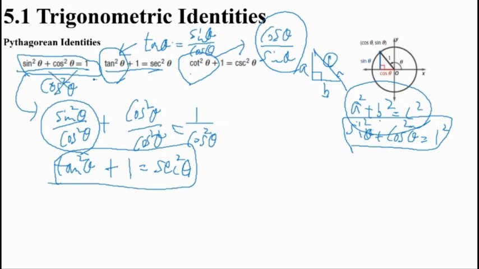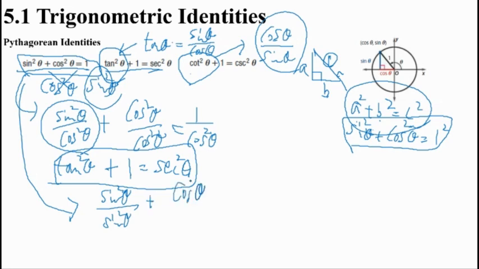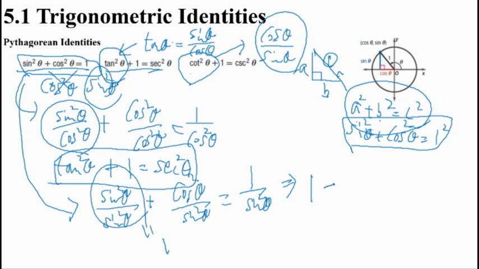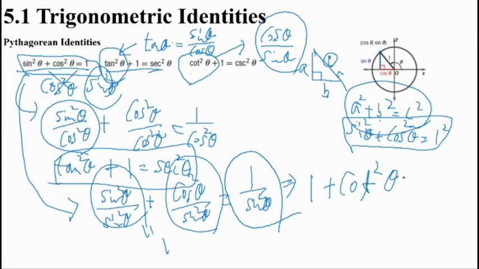Which means sine theta squared over sine theta squared plus cosine theta squared over sine theta squared equals 1 over sine theta squared. So the first one is 1, then 1 plus cotangent theta squared, and 1 over sine squared will be cosecant theta squared.